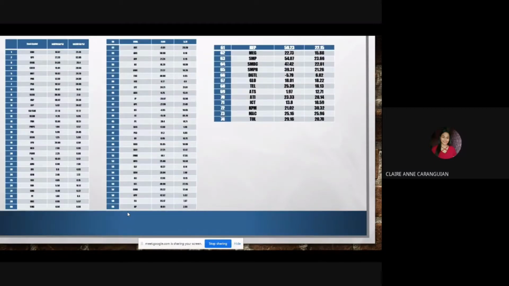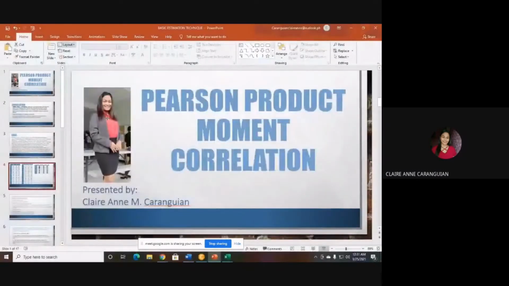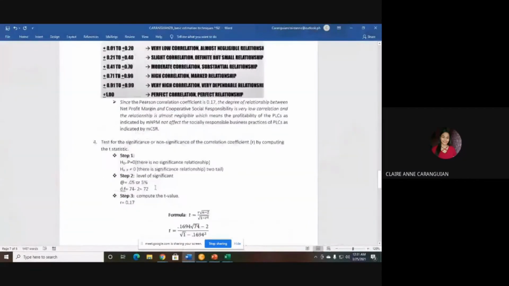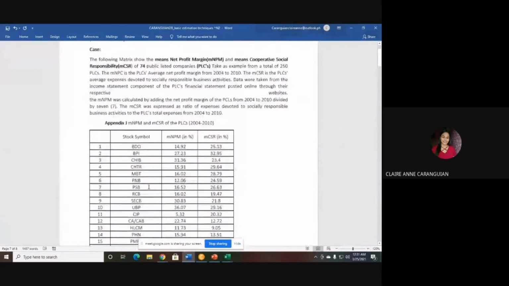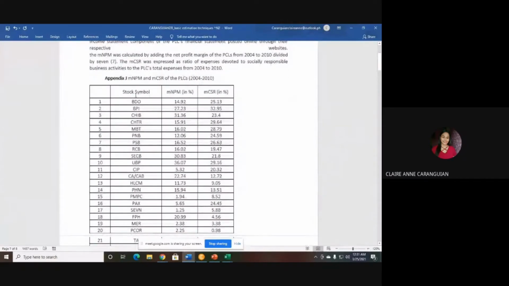So these are the given. These are the name, stock symbol, or ito yung mga public listed company. So punta tayo sa given. So eto, stock symbol.